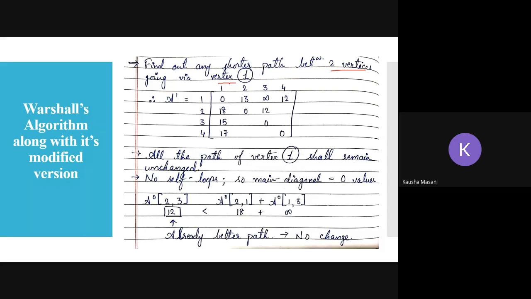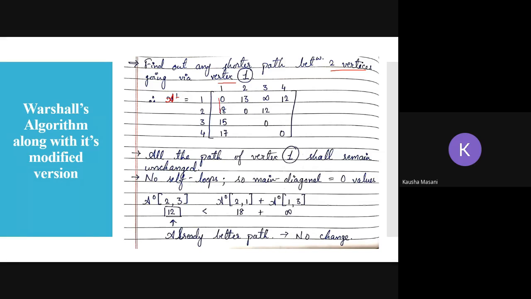Okay, so now keeping A of 0 as your reference, okay, you are going to construct A of 1. Okay, what is this one? This one is the vertex via which we are finding the distance. Okay, now as we are finding the distance, considering the vertex 1 as the in between vertex.